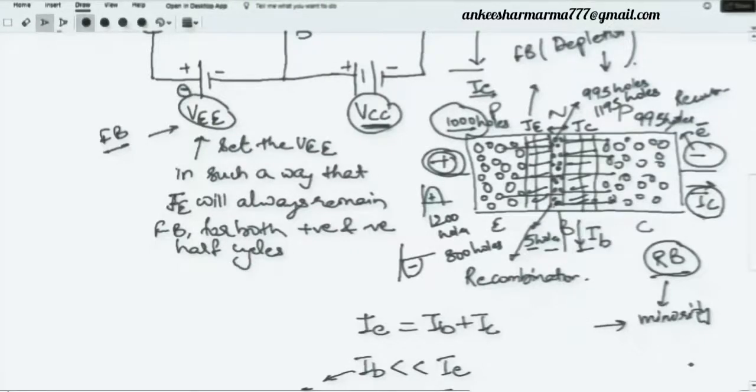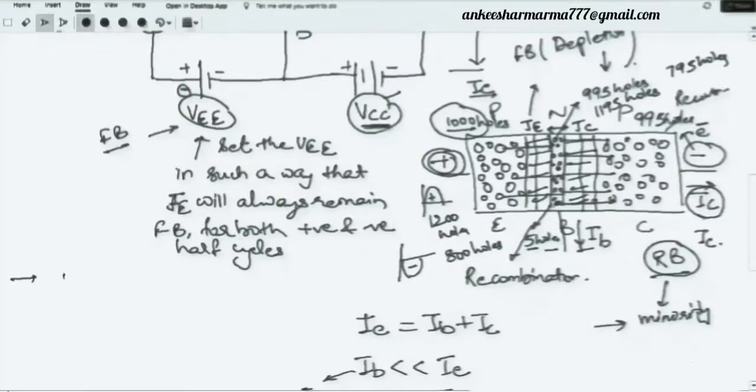They will combine with the 5 electrons, and now in the negative half cycle, only 795 holes will reach the collector region, and they will combine with the electrons provided by this voltage source VCC, and due to that a collector current will be there, but that is smaller for the negative half cycle and it is larger in the positive half cycle.